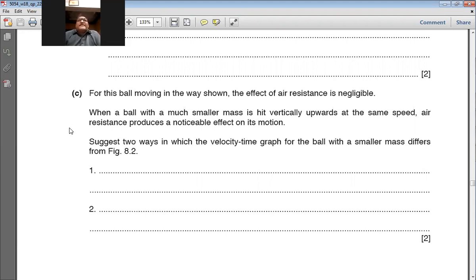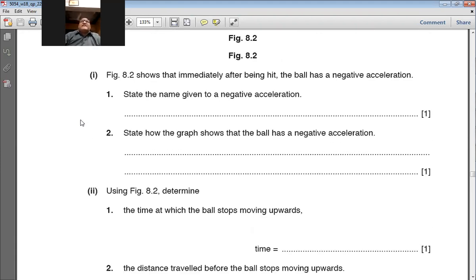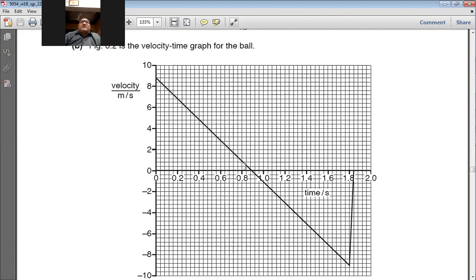So there are two ways in which the velocity-time graph for the ball with the smaller mass differs from figure 8.2. If air resistance is present, then these lines cannot be straight lines, because the acceleration, deceleration produced will be non-uniform.